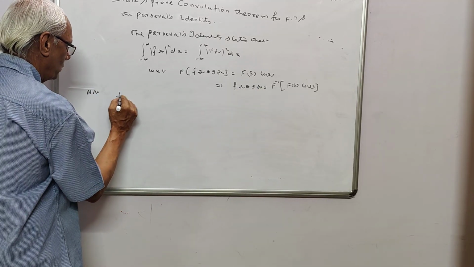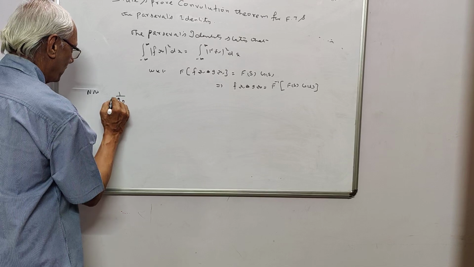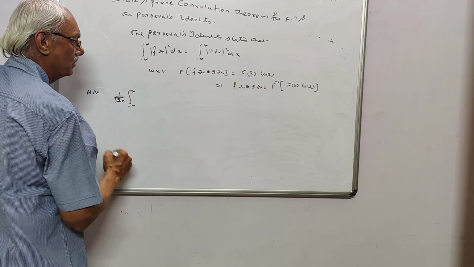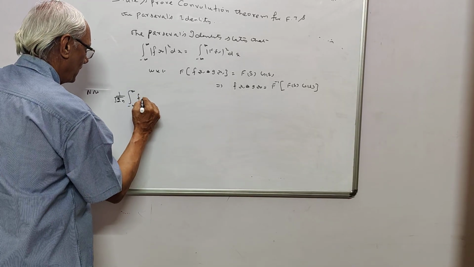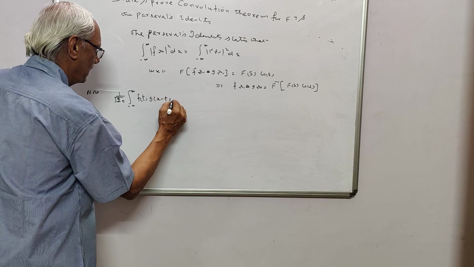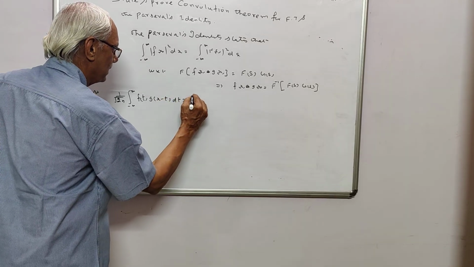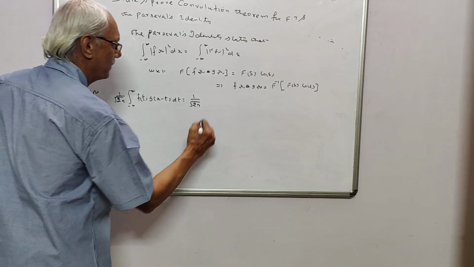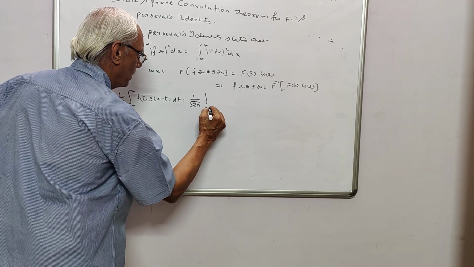This is nothing but what? 1 by 2 pi integral from minus infinity to plus infinity of f of t g of x minus t dt, which is equal to 1 by square root of 2 pi times, and this is nothing but what?